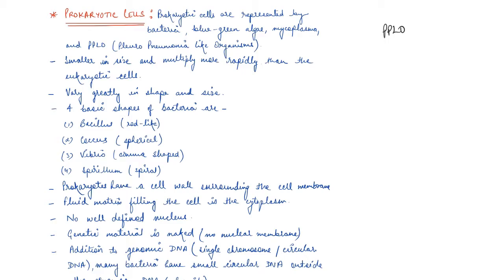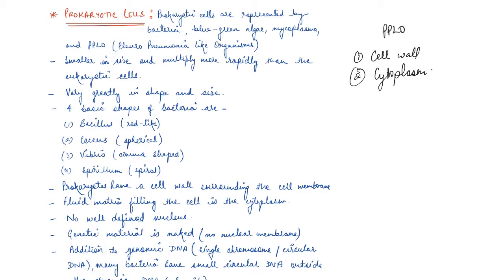Now inside that cell there is a fluid matrix which fills the cell from inside, and this fluid matrix is known as cytoplasm. So first thing is that they have a cell wall, second is they have cytoplasm, right?